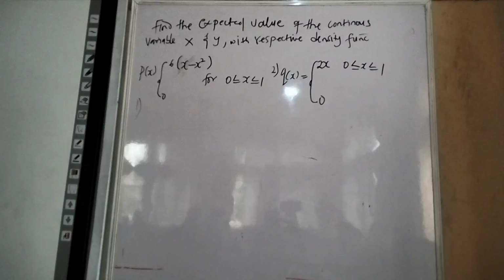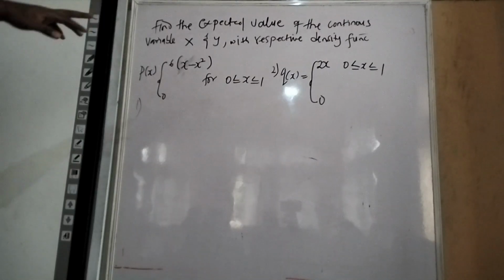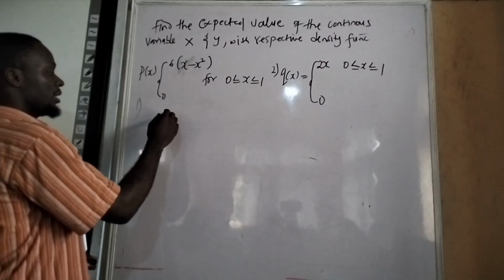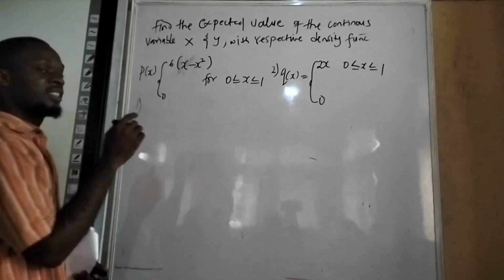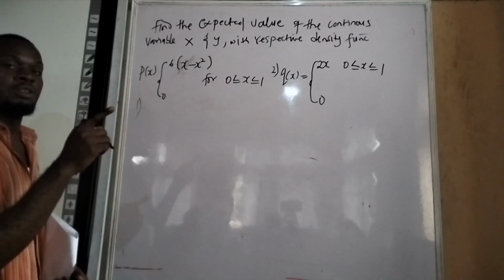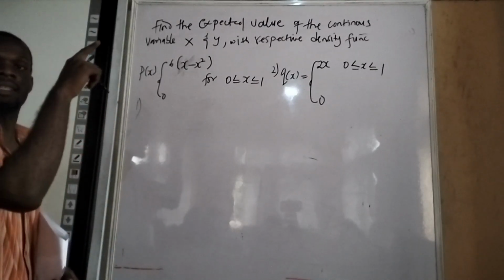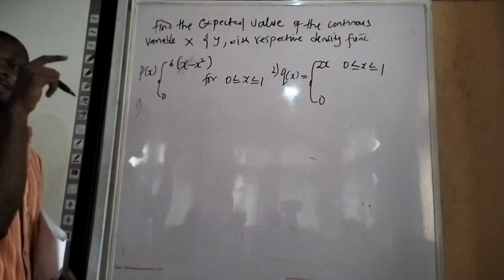So we have to find the expected value of the continuous variable x and y with their respective density function. So once you immediately hear find the expected value for a continuous variable, how to solve it is to take the function, multiply the function by x.